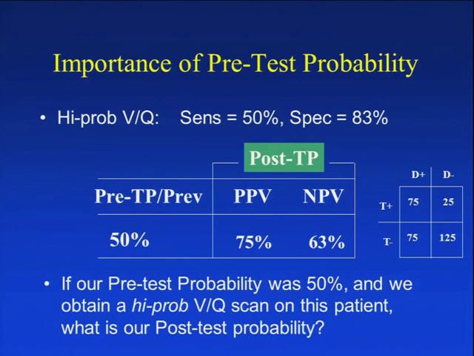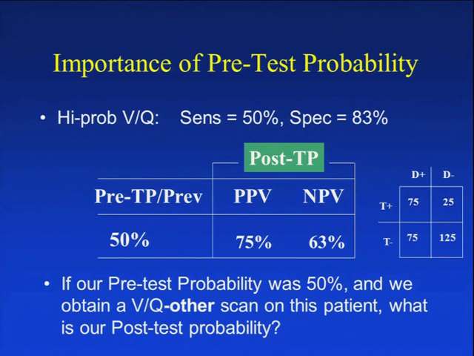If you got the opposite, if you got an other VQ scan test, meaning the other category, essentially a negative test, the question I would ask you is, if you started out at 50% and you got a negative study, what is the likelihood that you have the disease?